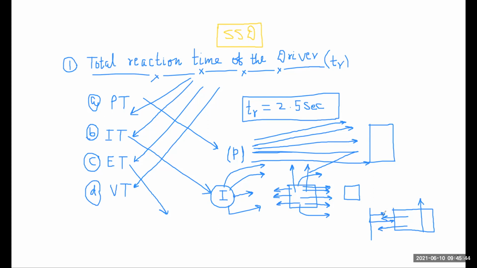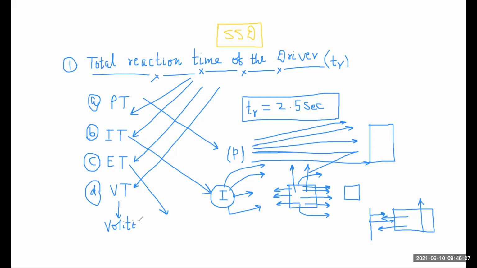The fourth one is volition time. It is the time taken by the driver for the final action.